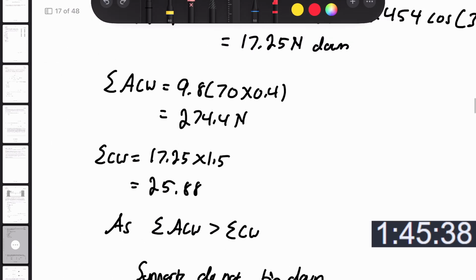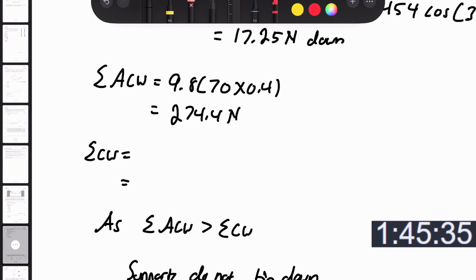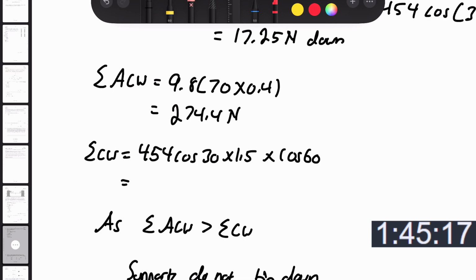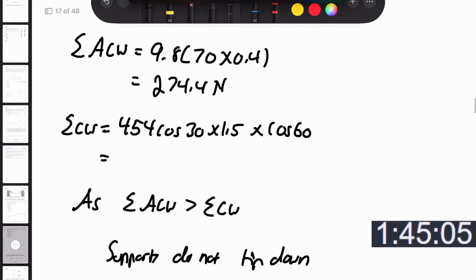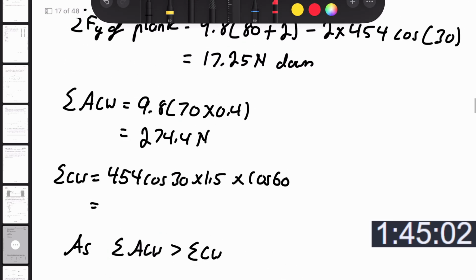Let me try that. Sum of the clockwise is going to be 454 cosine of 30 times 1.5 times cosine of 60. 294. He's 80, so let's say this is 294.8.